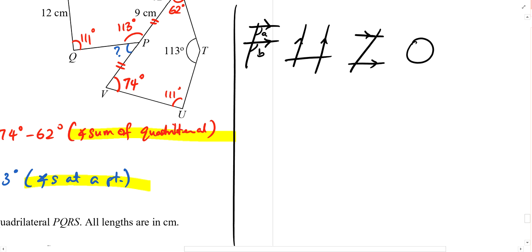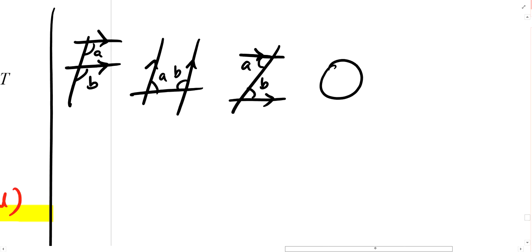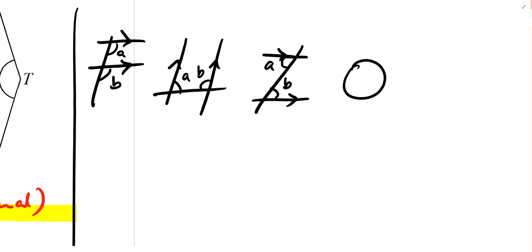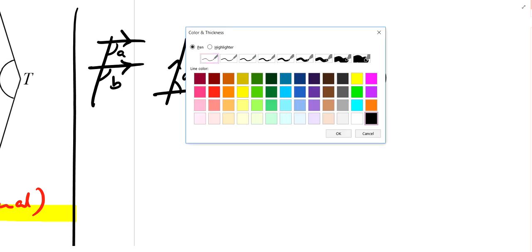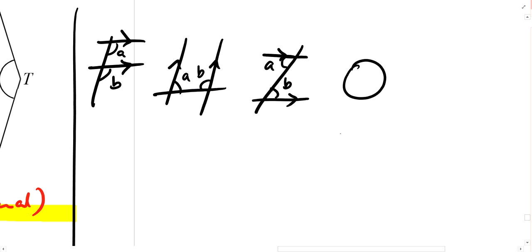A and B. So the first one, corresponding angles. From here we say that angle A equals angle B. Corresponding angles, parallel lines. That's for the first one.